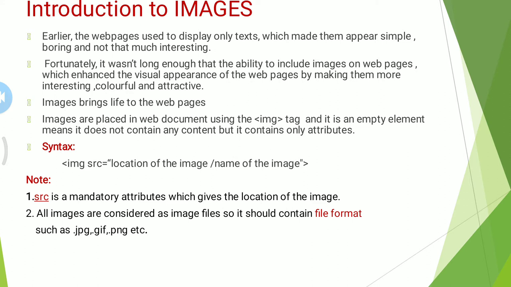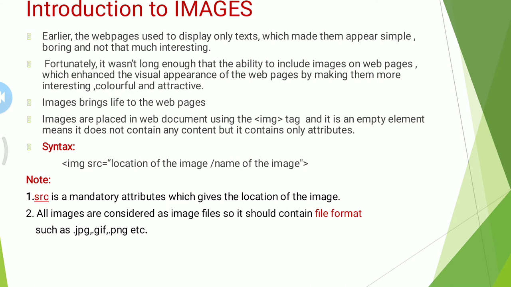But if your file is in the C drive and your image is in the D drive, then the locations are different. So when locations are different, we give the path of the image, meaning the complete location, from root to leaf, everything you have to give. Then the browser will pick the image from that location and display it on the browser window.